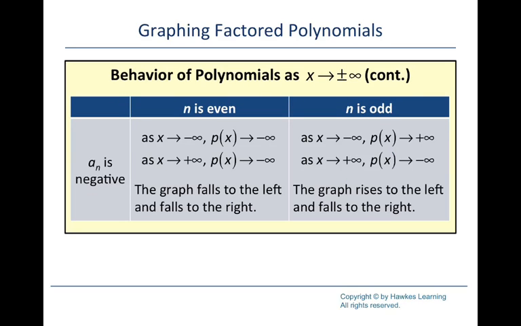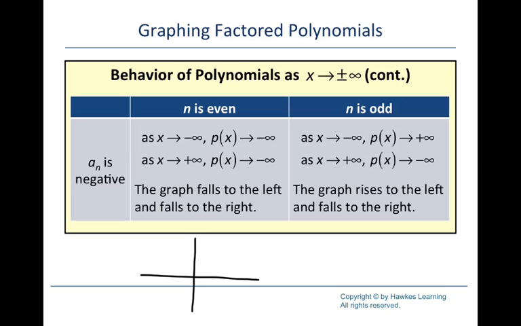When a is negative, the number in front is negative. Well, remember from when we did translations, if we have a negative in front, that flips the graph over the x-axis. And so what's going to happen is going to make sense, because we have this condition that a is negative now.